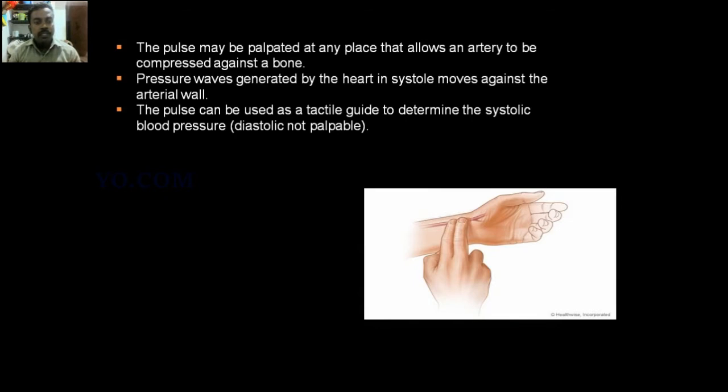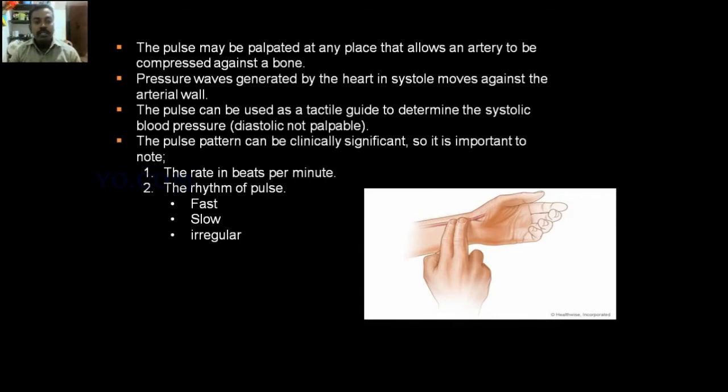The pulse can be used as a tactile guide to determine the systolic blood pressure. So we can measure the systolic pressure by using pulse rate measurement. We can't measure diastolic pressure in pulse rate measurement.